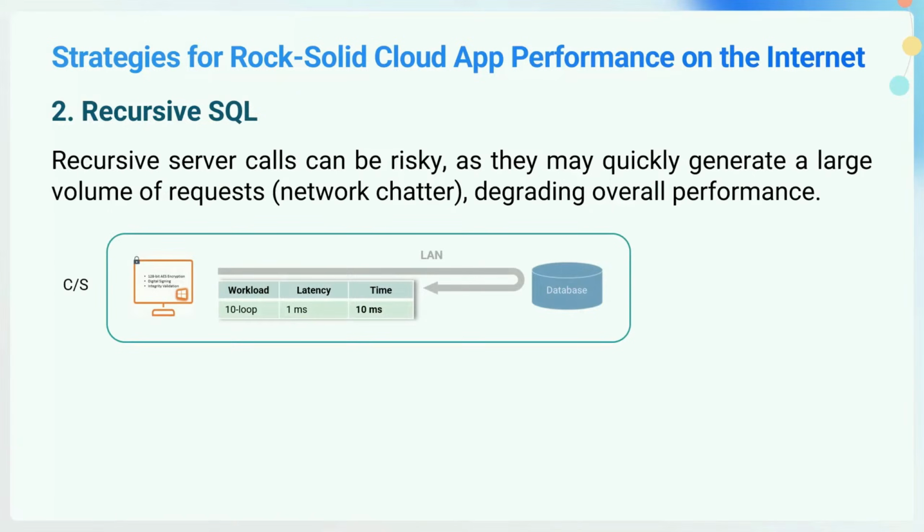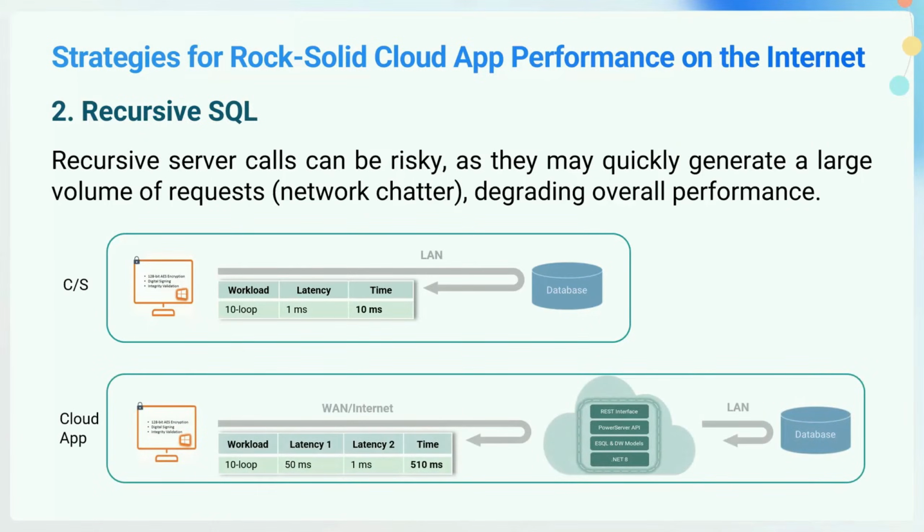Let's compare two scenarios. In the first one, a traditional client-server app runs a recursive workload of 10 loops or round trips. With a standard latency of about 1 millisecond per trip to the database, the total time is about 10 milliseconds to complete the task.